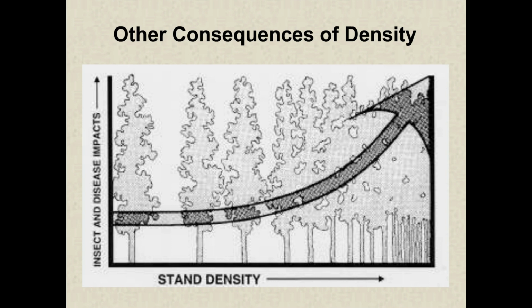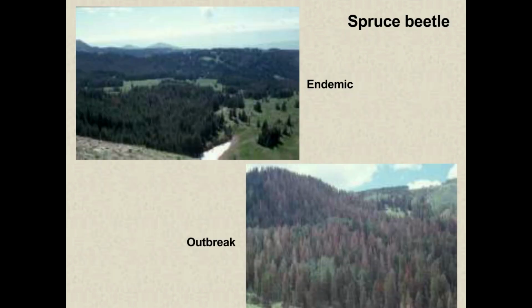Lodgepole, and it's really the only species I think that is capable of it, can get into such awful dog-hair nasty stands at those high densities that the phloem is not thick enough for the beetles to make a living in, so they can't do very well in there. So they tend to be more in the middle. And I've talked to the entomologist that came out with that paper. Jim was on that, Long was on that too, and they said they still think that holds up. So kind of interesting there, but certainly with something like spruce beetle, the dense spruce.